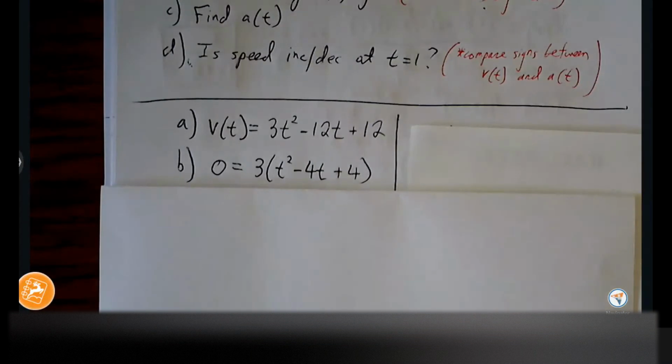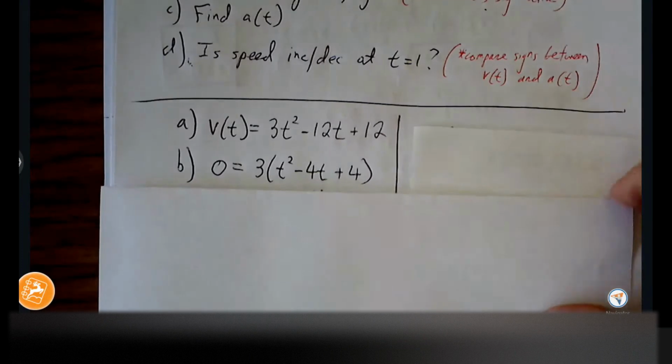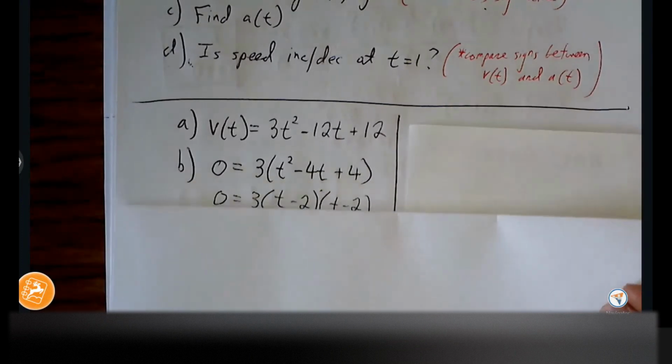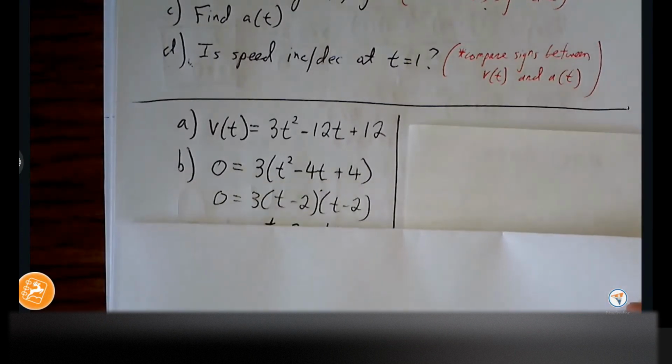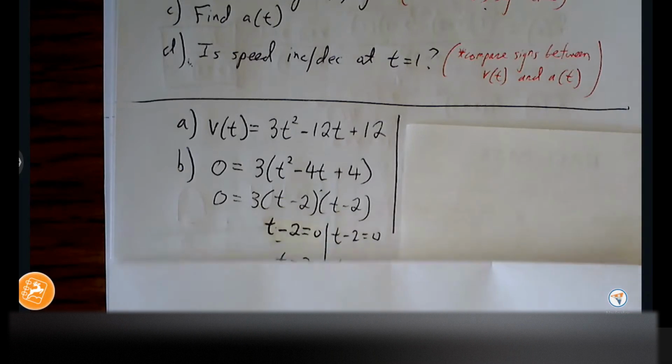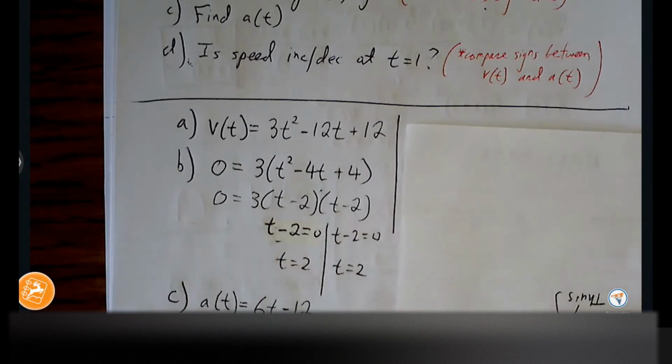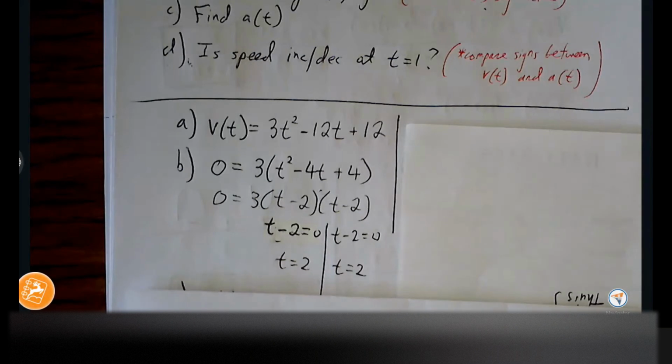The rest is also factorable: multiplies to be 4, adds to be negative 4. We solve for t, and we get t is equal to 2. So that's the only critical point that's going to go onto our velocity sign line.